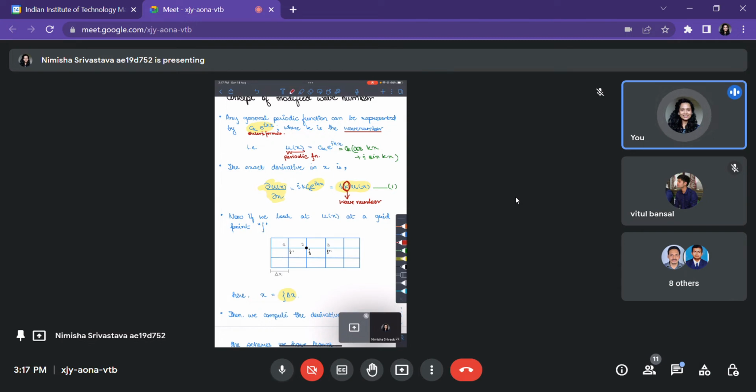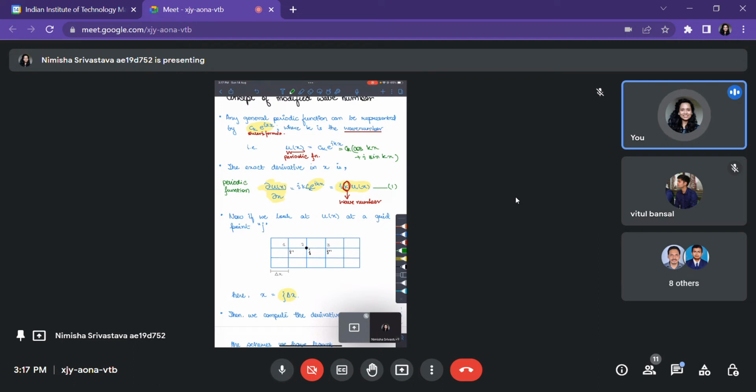This is a work that we're doing for periodic functions only, because it's not going to be true always. Okay, and then what we do is that we break down our expression for the exact derivative in terms of ux and the wave number k as well as iota, which we will be able to get simply if you do this differentiation on your own. You will be able to see that.